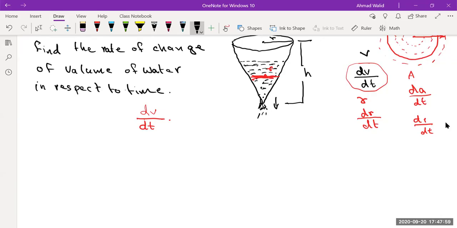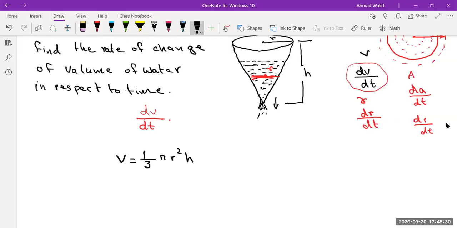What is the formula for the volume of a cone? If you remember, it's also in the last page of your book, all these formulas. The volume of a cone equals 1/3 pi r squared h. That is the simple formula for the volume of a cone: V equals 1/3 pi r squared h.